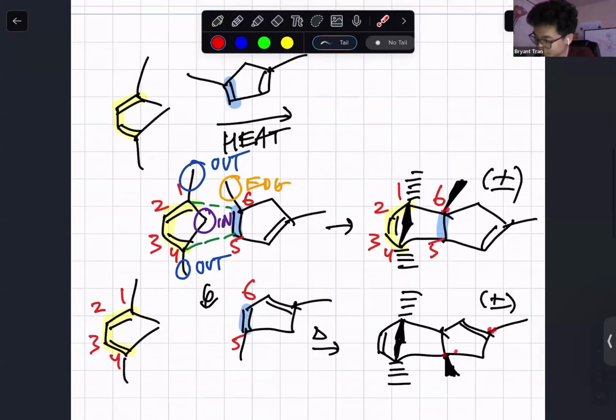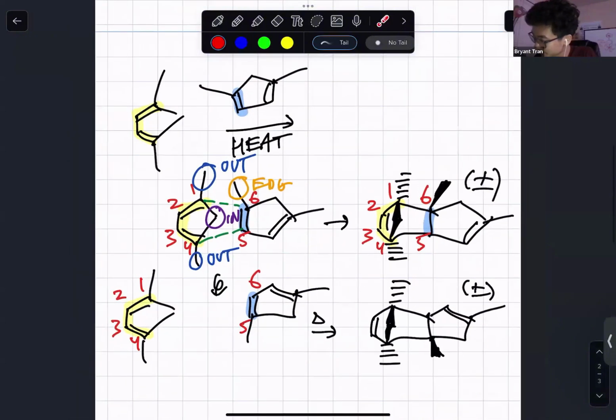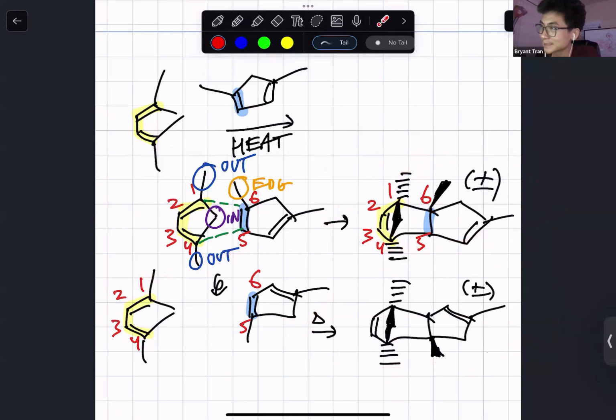Yeah, so this is a weird one here. So I would say these two enantiomers is the answer, like that.